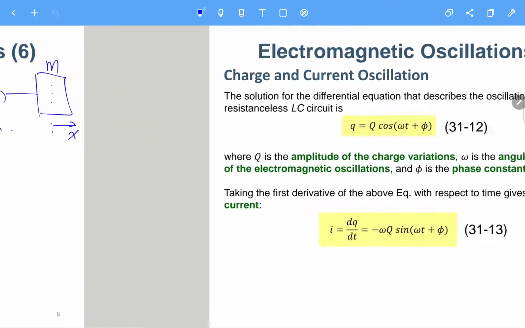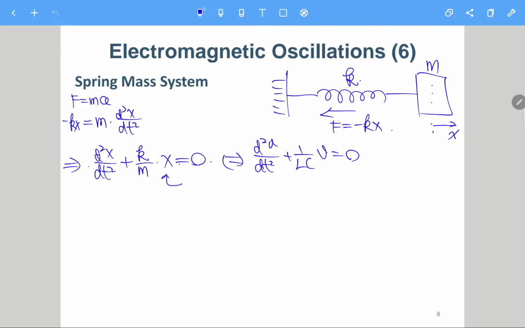When you try to solve this ODE, this is a second order term, so you just write it as s squared plus k over m equals 0.